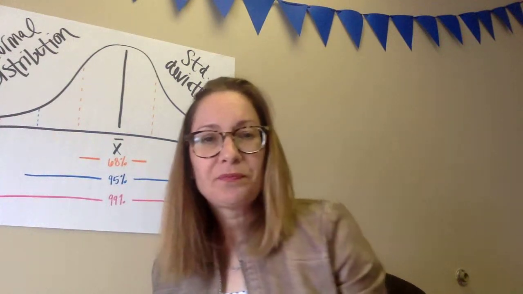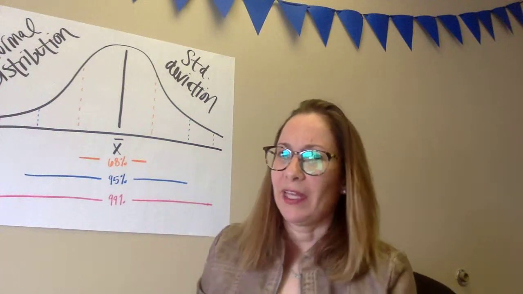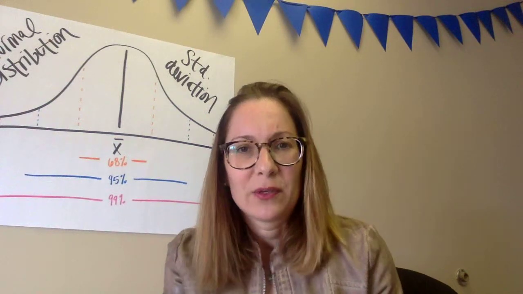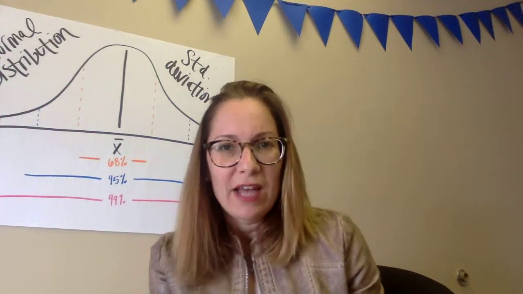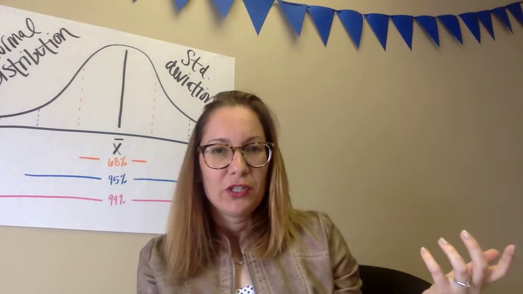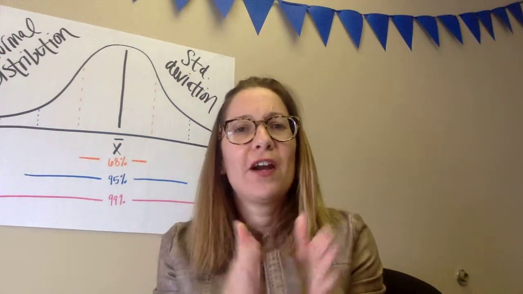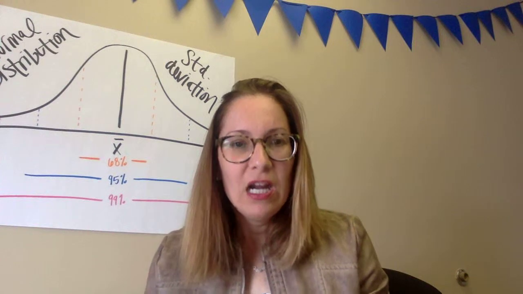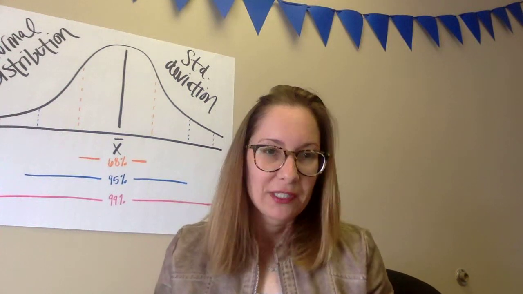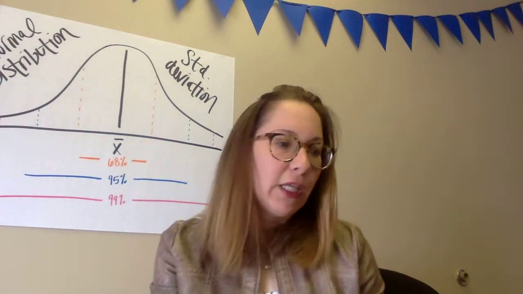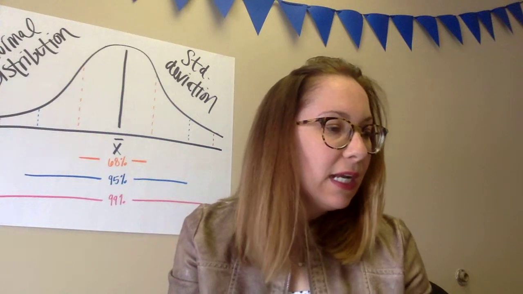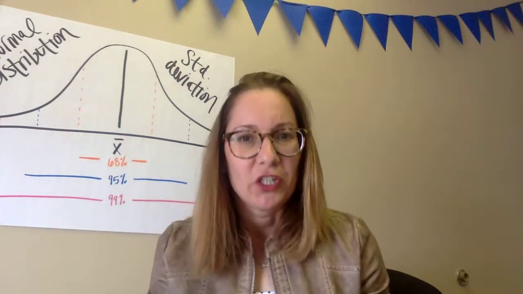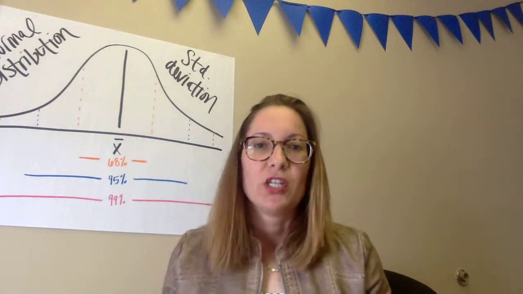For example, to use the test score example again, if the mean test score is an 80% on whatever test you gave to your students, how far above or below the mean are the rest of the test scores? And I think the book gives really good examples of this. In terms of the more variation within your data, the larger the standard deviation is going to be.